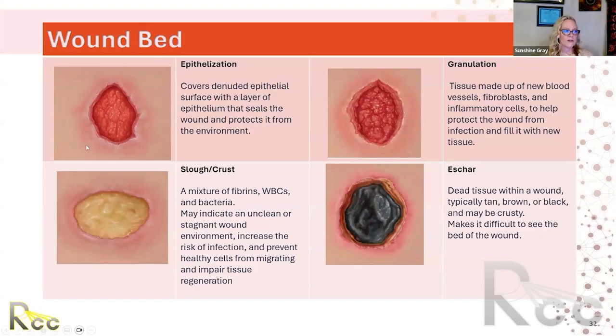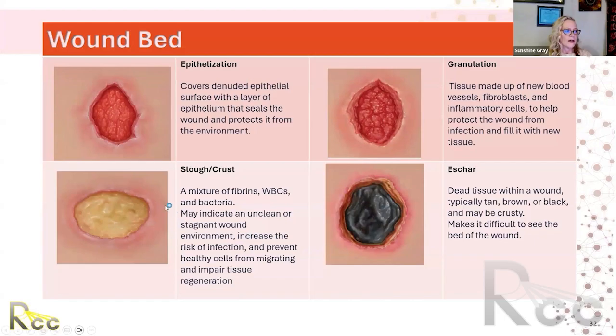This bottom picture of slough and crust, this is what we do not want to see. So this is a mixture of fibrins and white blood cells and bacteria. It may indicate an unclean or stagnant wound environment, and it increases the risk of infection and prevents healthy cells from migrating and repairing the tissue.